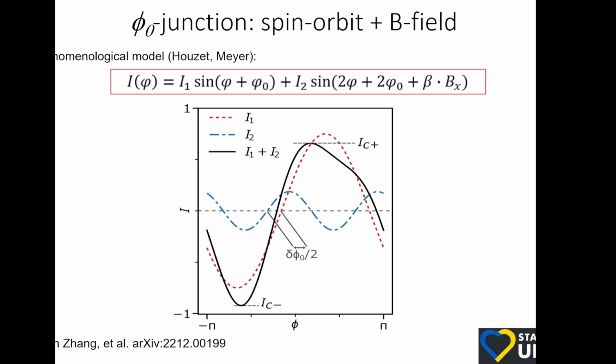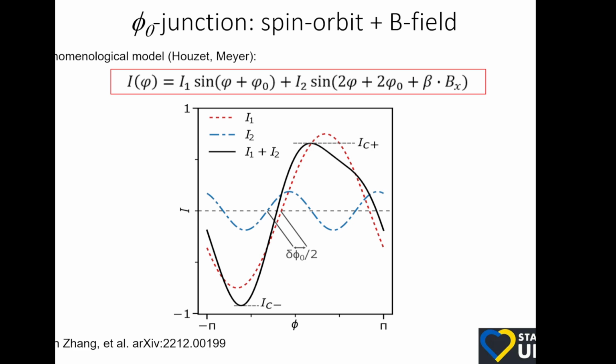The red is the first term. The blue is the second term. Both are just sinusoidal functions. One is double the frequency of the other. And then if you add them up, you have this oblong curve. It's not symmetric with respect to inversion of phase. And also the amplitude on the negative side is different from the amplitude on the positive side.